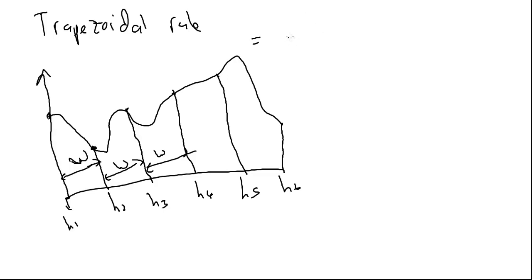Then my approximate area under this curve is W over 2 times H1 plus H6, or you could say the first one and the last height, plus 2 times the rest of them. So H2 plus H3 plus H4 plus H5.